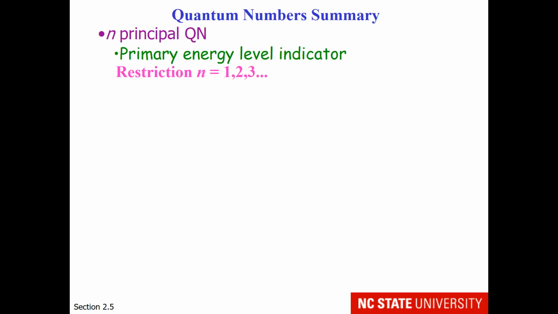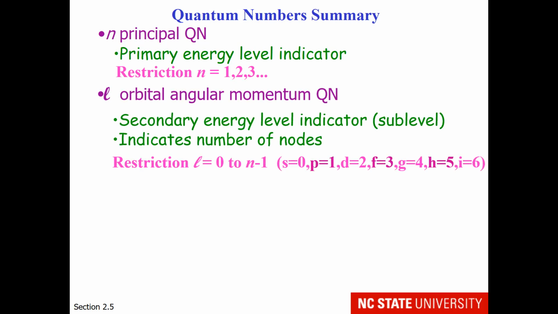So in summary, N is your principal quantum number. It is the primary energy level indicator. It starts at 1 and goes upward in integers. L is your orbital angular momentum quantum number. It is a secondary energy level indicator, giving us the sublevels of the principal quantum number.